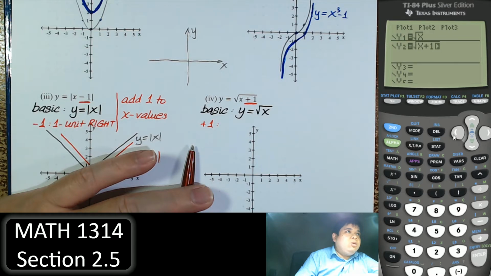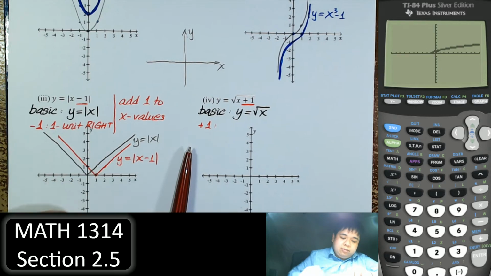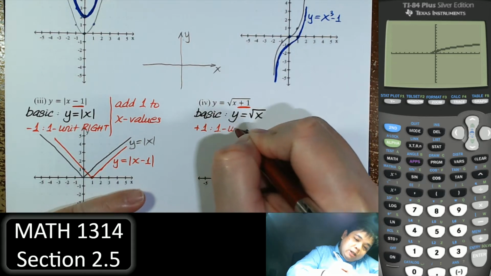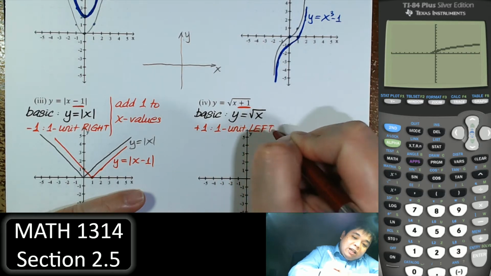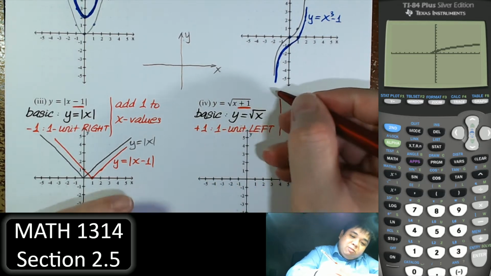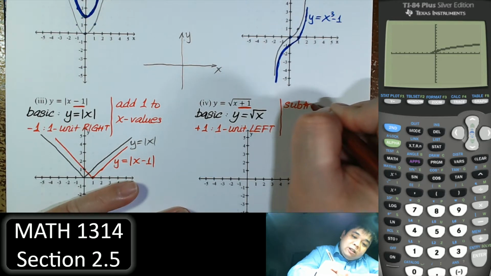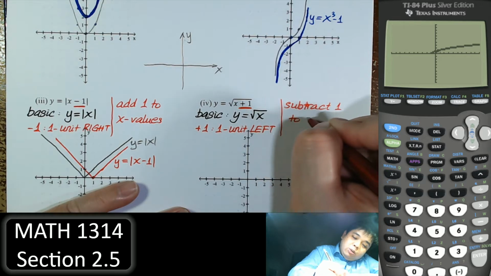Let's change this to the border graph. So 1 unit left. Once again, if we move to the left, we subtract 1 from the x values.